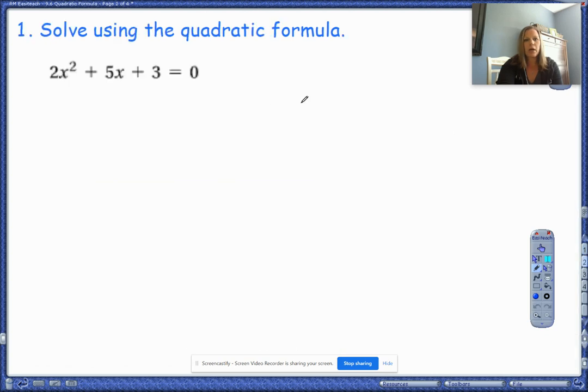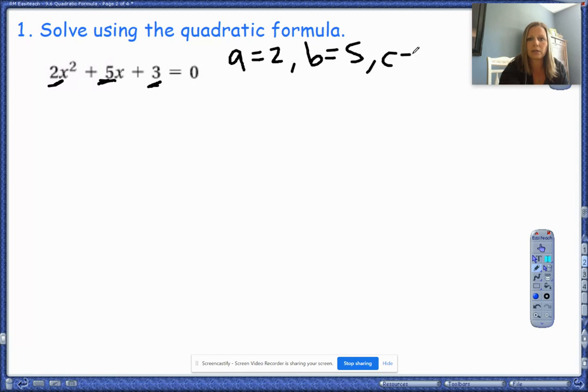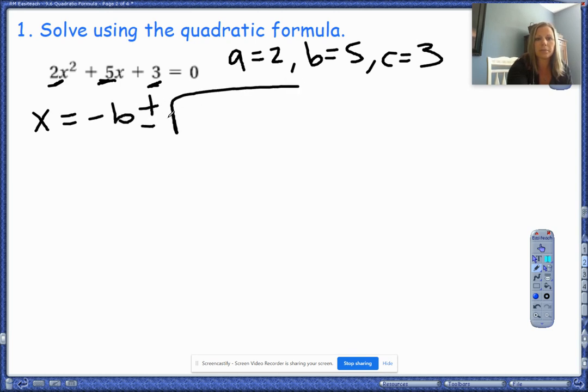When I look at this first problem, the first thing I'm going to do is identify my A, my B, and my C. My A equals 2, B equals 5, and C equals 3. I'm going to plug those into my formula. So I always start off by writing my formula. X equals opposite of B plus minus square root B squared minus 4ac all over 2a.